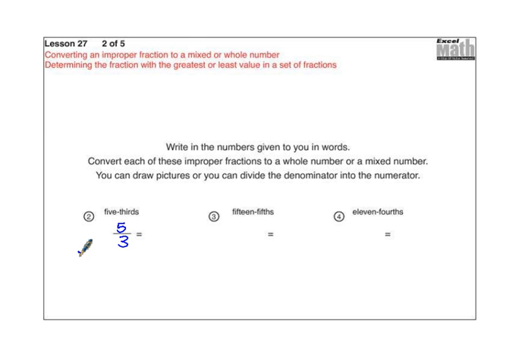Well, there is one set of 3's in that 5, and how many are left over after you put that 1 three into the 5? Think of it this way. 5 divided by 3 goes in 1 time, and you get a remainder of 2. So my remainder becomes my numerator, and the 3 stays the same because it's still going to be thirds, just like in that other example that was already done.